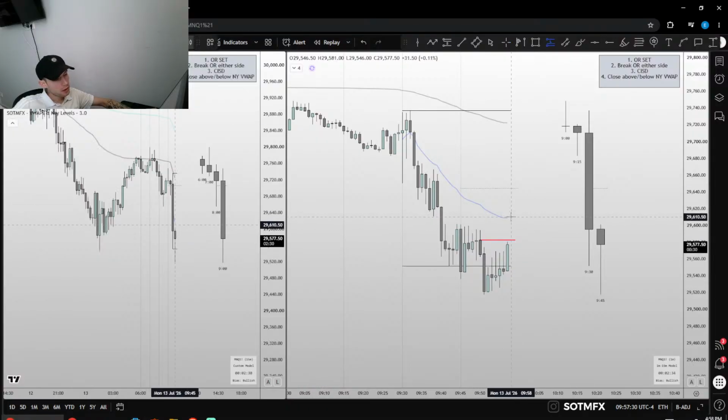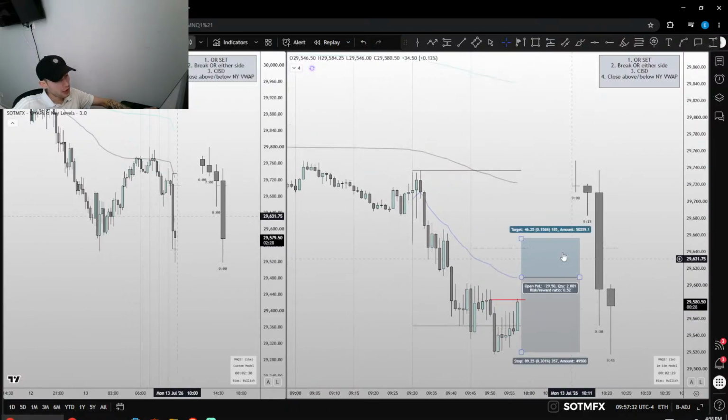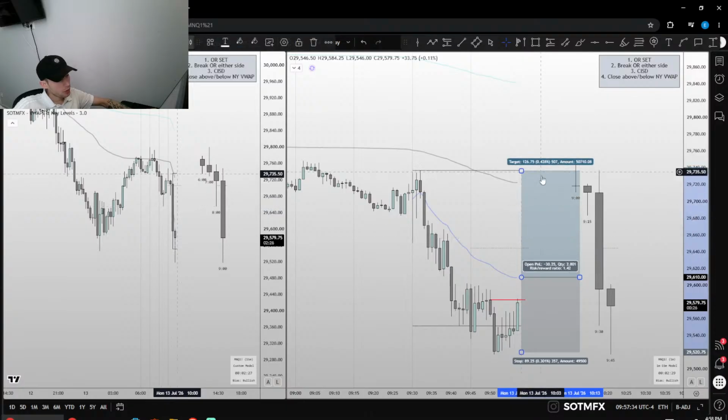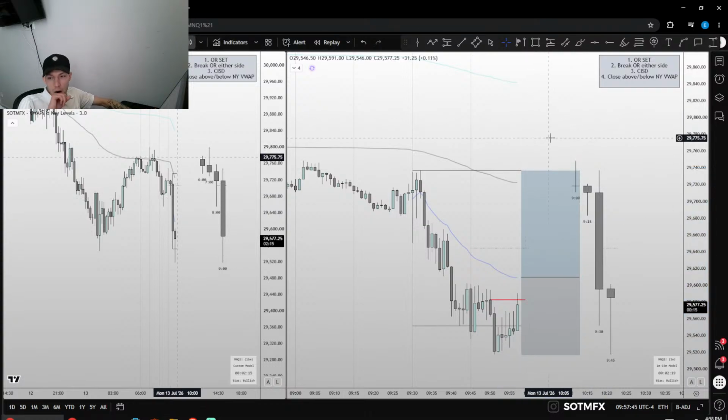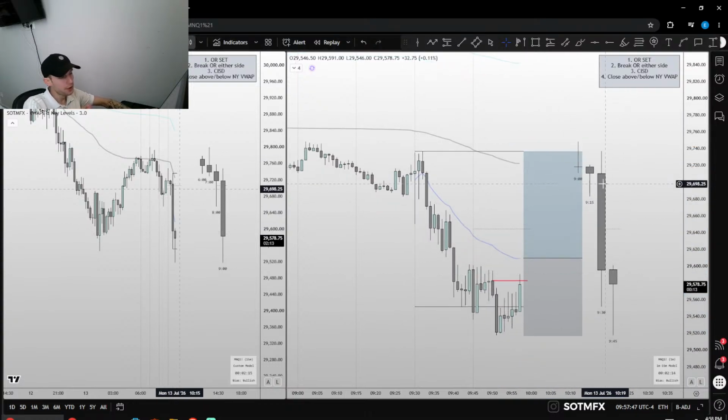So what would be my stop loss if I take this trade? So this is what I'm looking for.